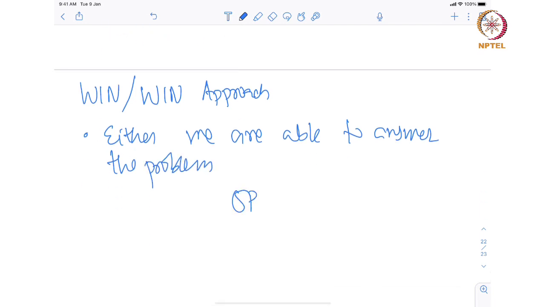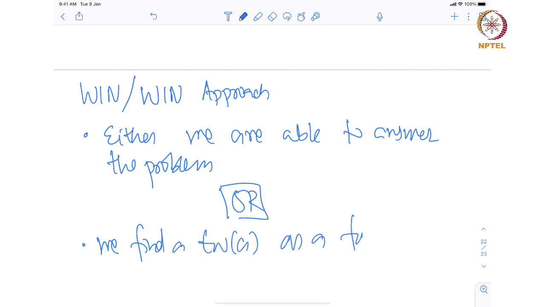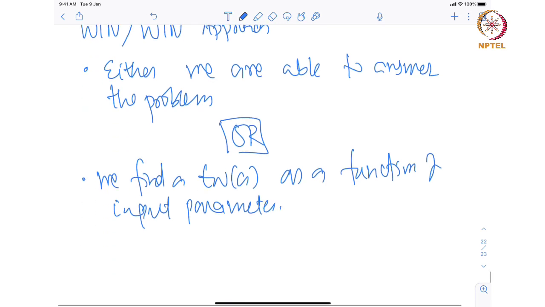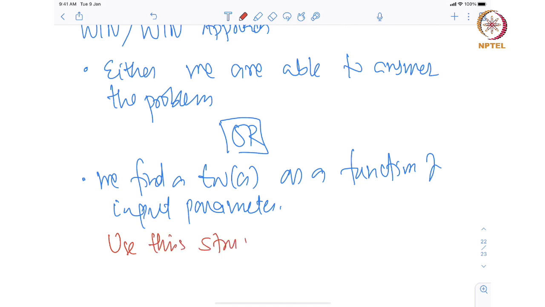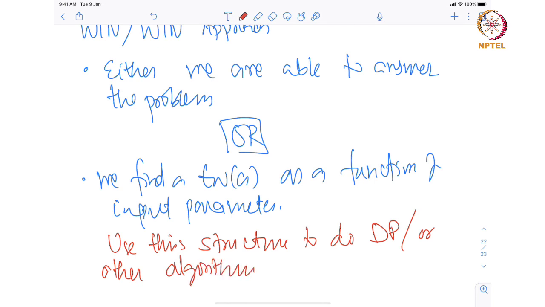Either we are able to answer the problem, or we find a tree decomposition of G as a function of the input parameter. And then we use this structure to do DP or another algorithmic technique to solve our problem.